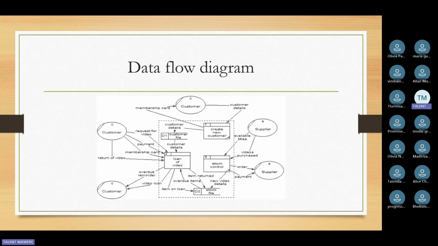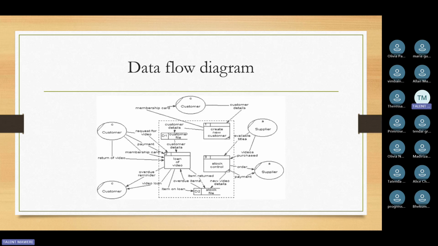For example, here you can see customer three times, and supplier two times. In a real data flow diagram, if there's an entity called customer, it should just be represented once. If there's an entity called supplier, it should just be represented once.